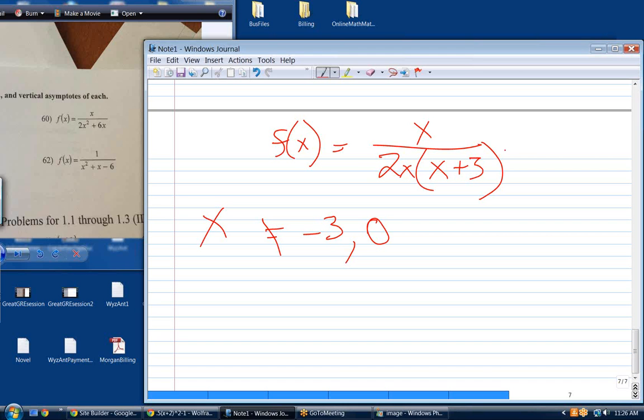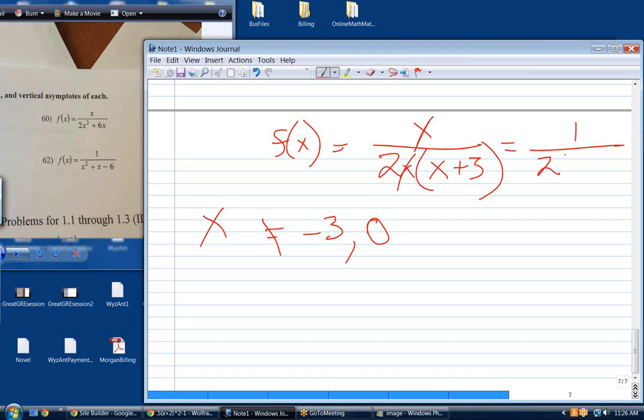Well, how can I simplify it? With these kinds of problems, you're always going to have something in the numerator that cancels out with something in the denominator. Oh, the x. Okay. So I'm left with 1 in the numerator, because all I did was divide top and bottom by x.